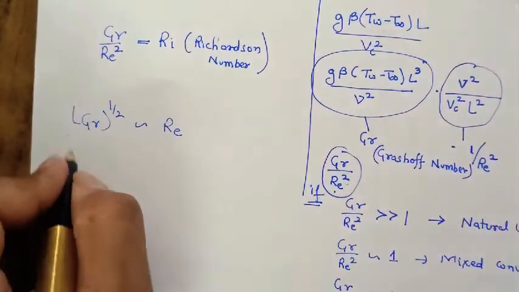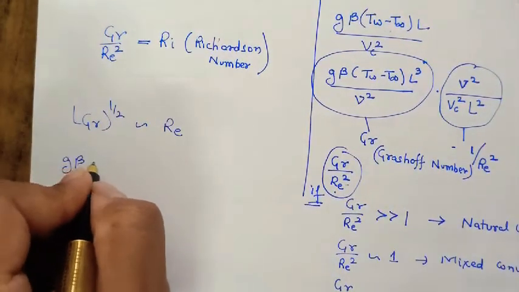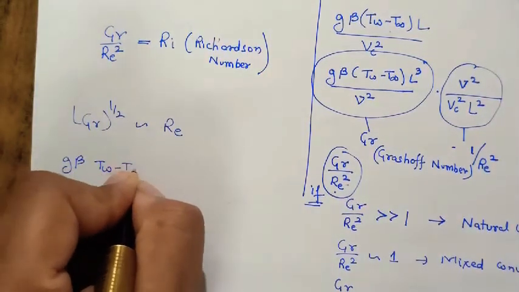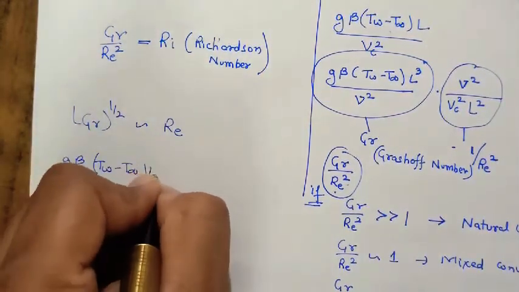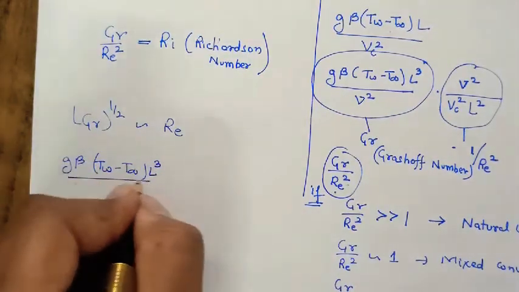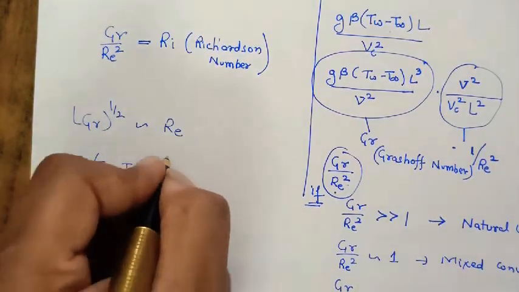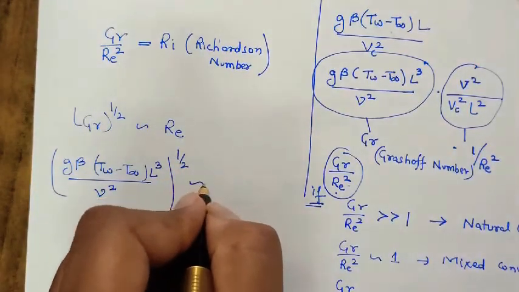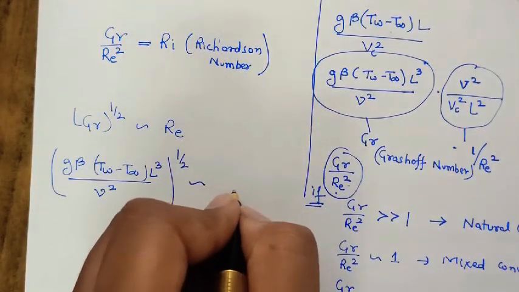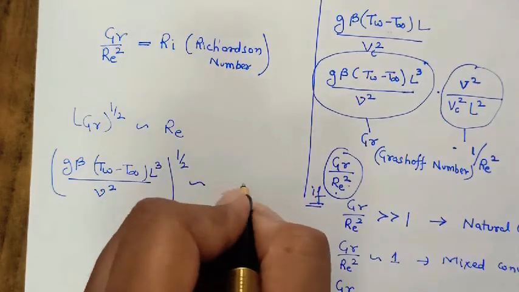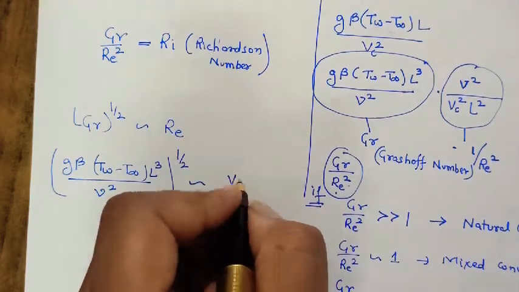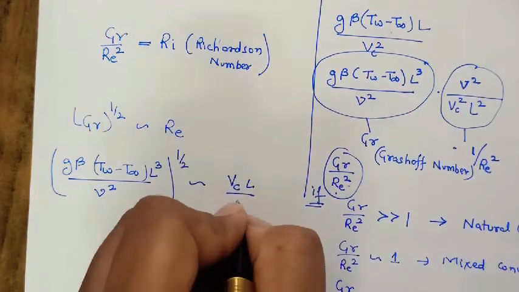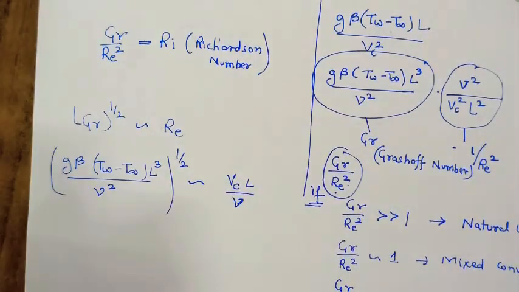And this Grashof number is G beta (Tw minus T infinity) L cube by mu square, to the power half, is equal to the Reynolds number, which is Vc L by mu, right?